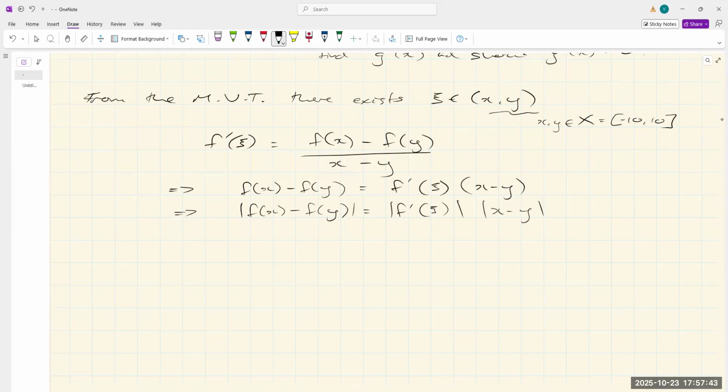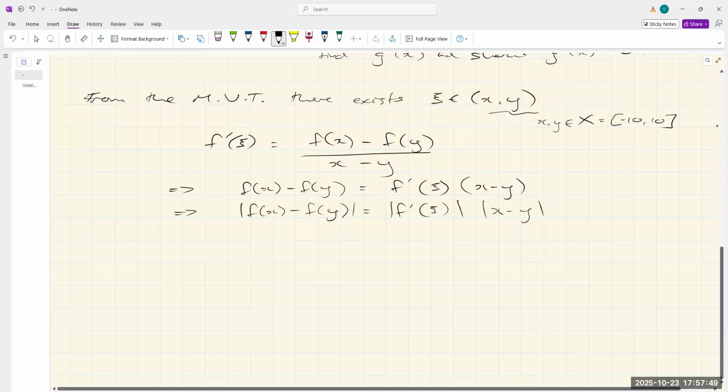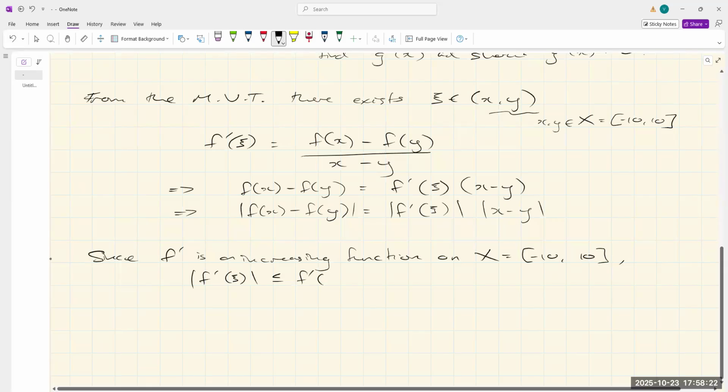So if it's an increasing function on the domain x, which is a closed bounded interval minus 10 to 10, then let me write a little note: since f prime is an increasing function on its domain, which is minus 10 to 10, that means that any value of f prime of x will be less than or equal to its value evaluated at 10, the rightmost point.